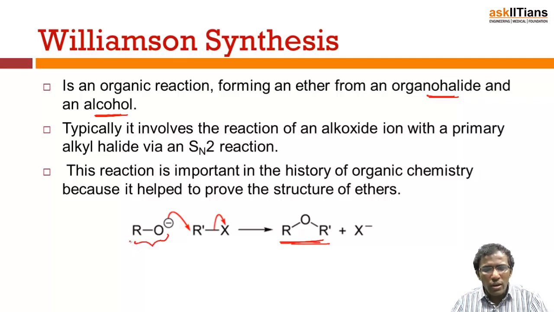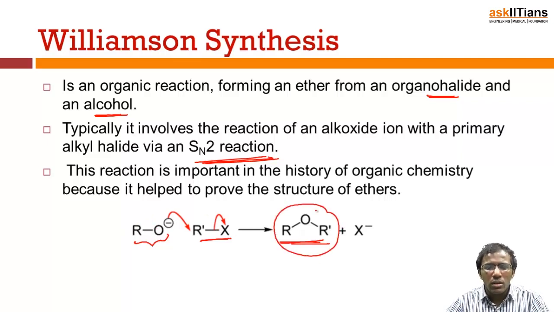So the alkoxide ion will attack the primary alkyl halide via SN2 reaction. So this is a primary alkyl halide, which is very reactive for SN2 reaction, and this alkoxide ion will attack this alkyl halide and produce the ether. So this is the production of ethers. That's why we can also call this Williamson's ether synthesis, because it involves the production of ether.